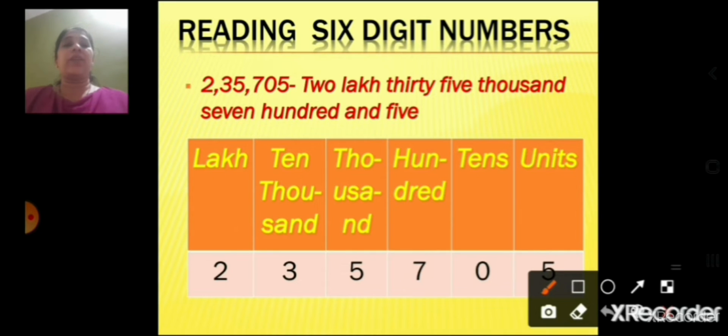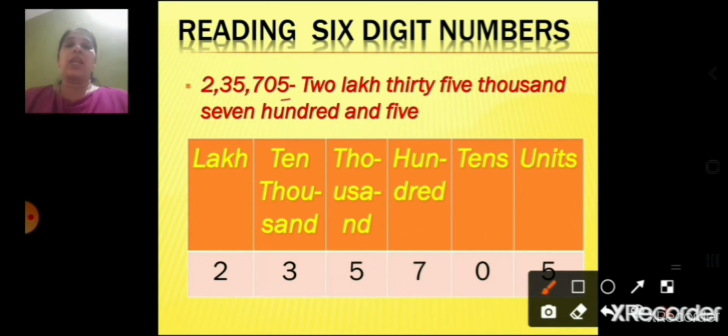So what we have done, we have made a table, right? And in that we have written as units, tens, 100, 1000, 10,000 and lakh. Now we will arrange these numbers in this table, right? So starting from your right hand side children, 5 will come in the units place, 0 in the tens place, 7 in the hundreds place, 5 in the thousands place, 3 in the 10,000s place and 2 in the lakhs place.